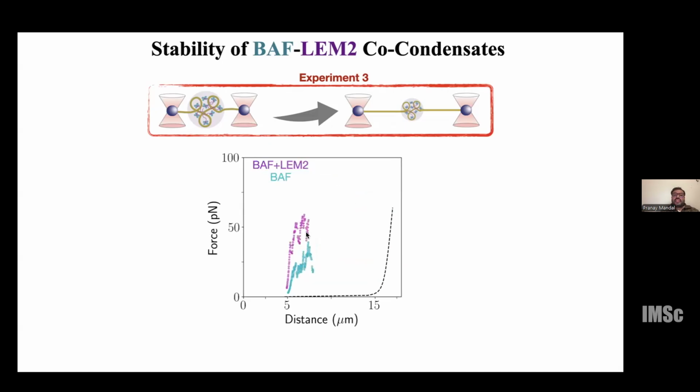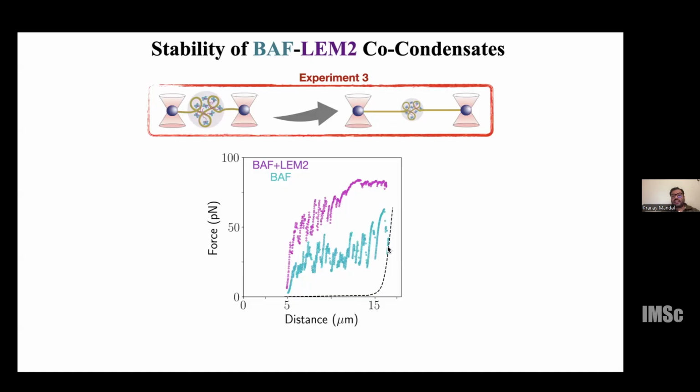Now, this is the force profile when we stretch the preformed condensates, in the case of BAF, which is the cyan curve, and in the case of magenta, which is BAF plus LEM2. What you can see is that if we keep on stretching, the cyan curve actually merges with the worm-like chain model at around 40 piconewton.